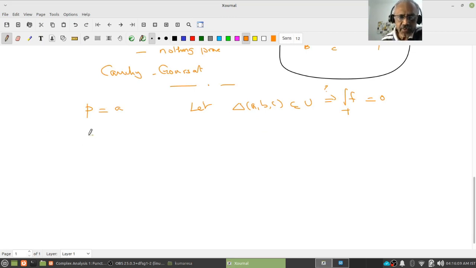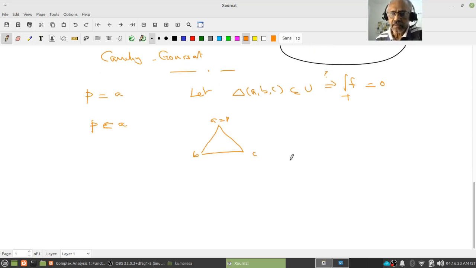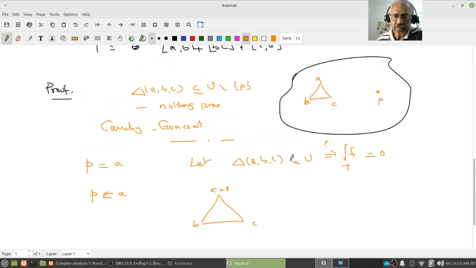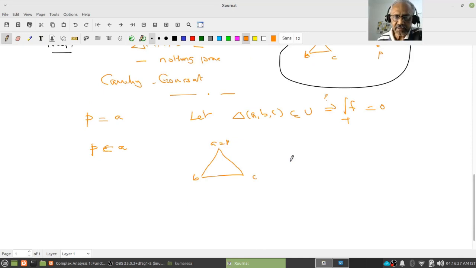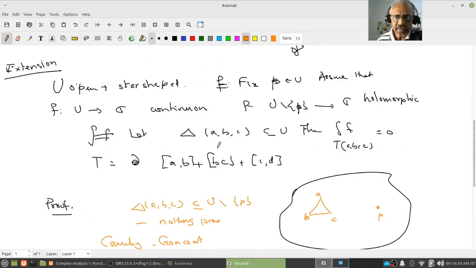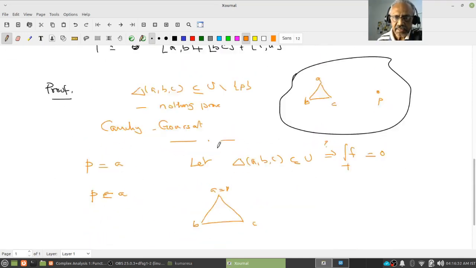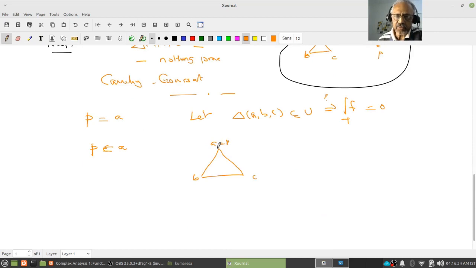Now suppose the point p happens to be A, one of the vertices. Now I cannot apply Cauchy Goursat directly, even though the domain is star shaped. So what do I do?